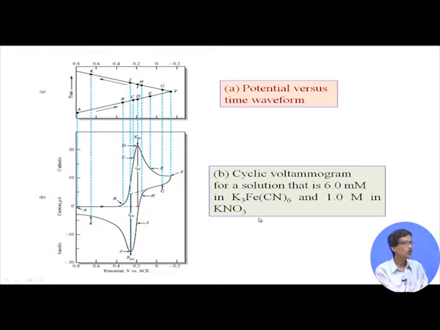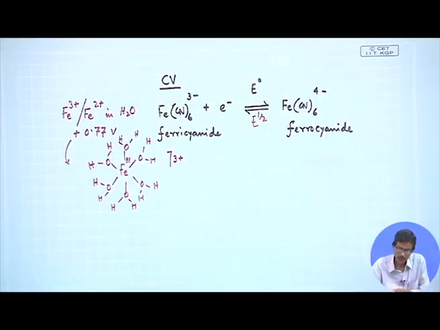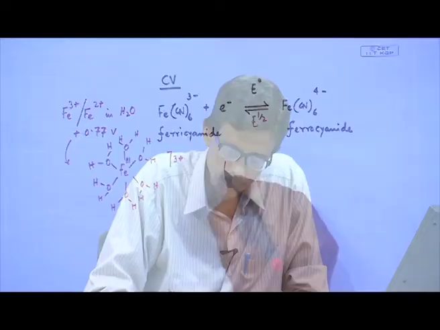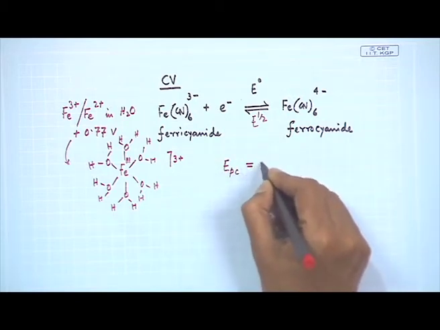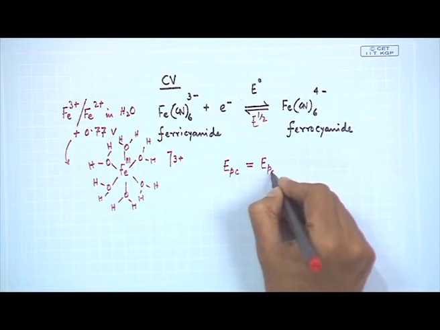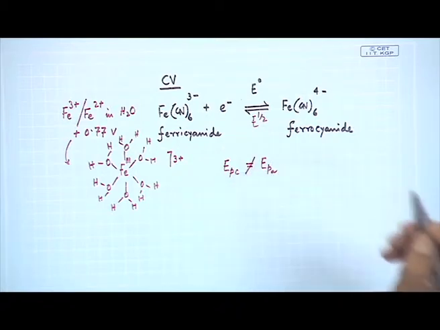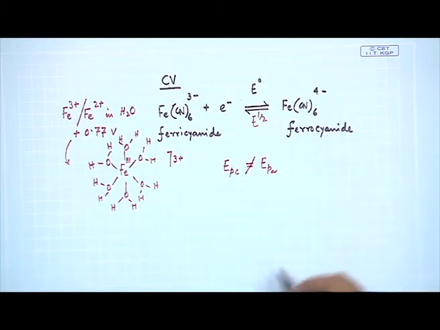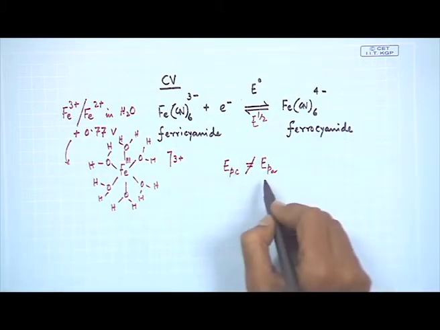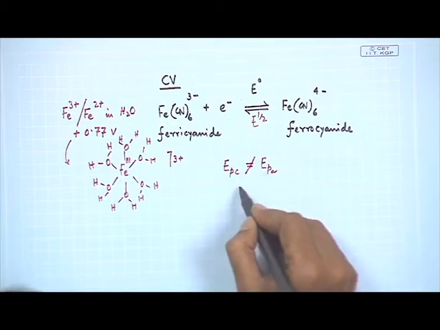So, how do we know these things? How can we correlate, because this EPC is not equal to EPA. So, when we scan in the forward direction and then go for the backward direction, we get something giving you some delta.